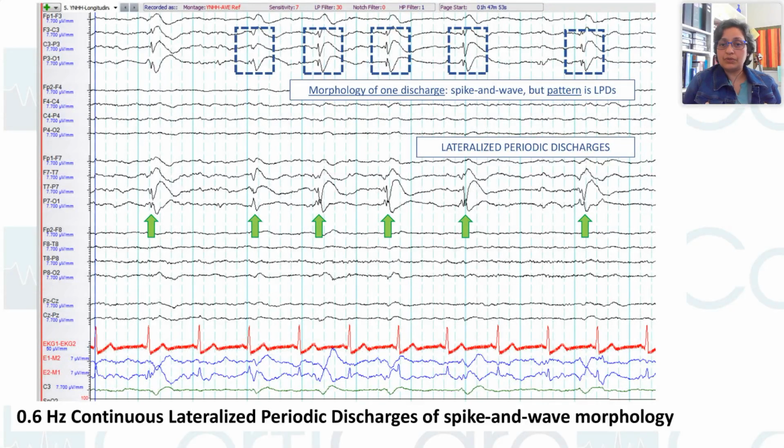And when it comes to defining their frequency, we have 6 hertz continuous lateralized periodic discharges of spike and wave morphology. So if you're defining this pattern, that's how you're going to quantify it. You are going to say which part it is appearing, if it is generalized or lateralized, and what is the morphology of these discharges.